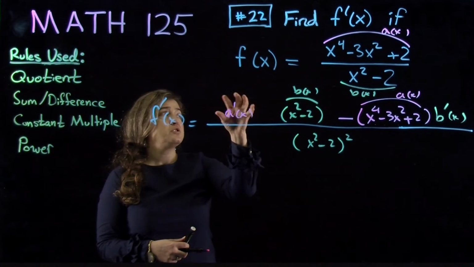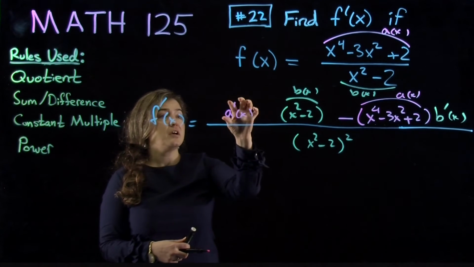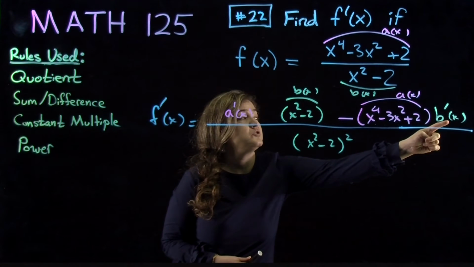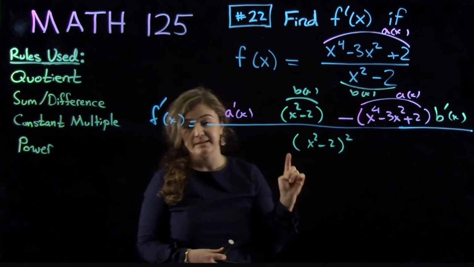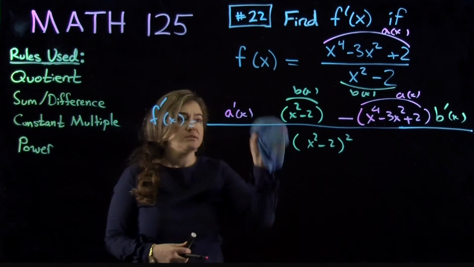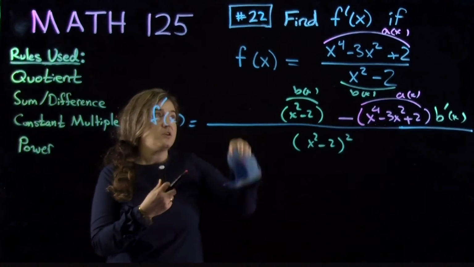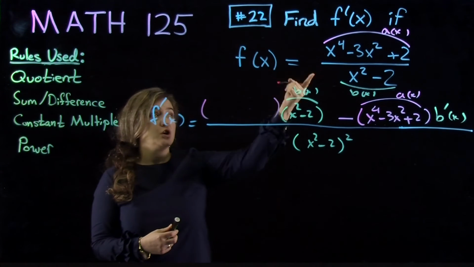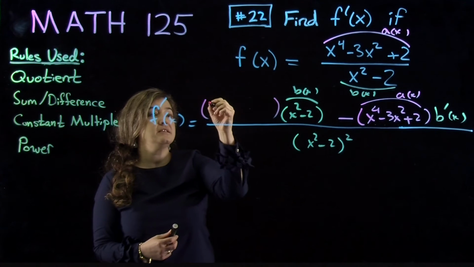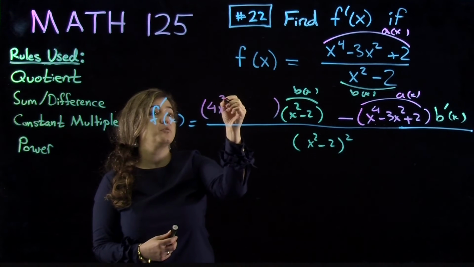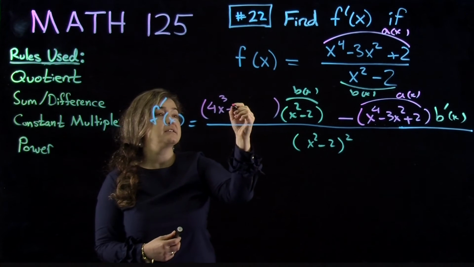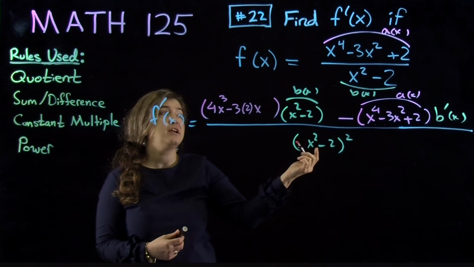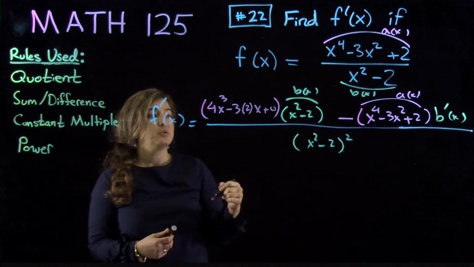The next step is to take the derivative of the numerator and replace it here, and take the derivative of the denominator and replace it there. So first things first, the derivative of the numerator, in big parentheses: 4x to the power 1 less, minus 3 times 2x to the power 1 less, which is 1, I don't have to write it down, plus 0.